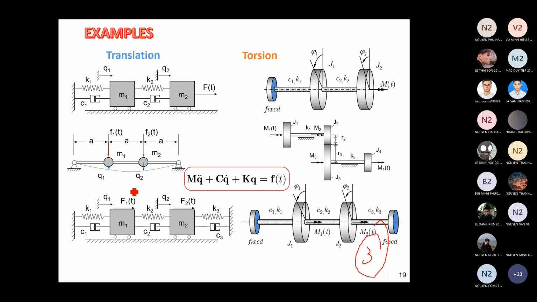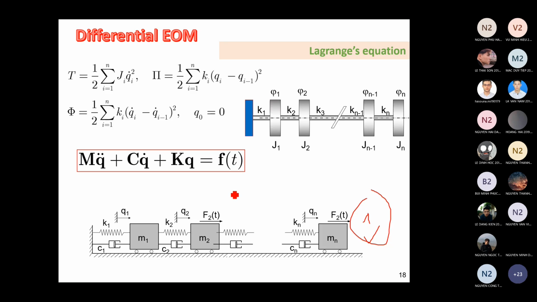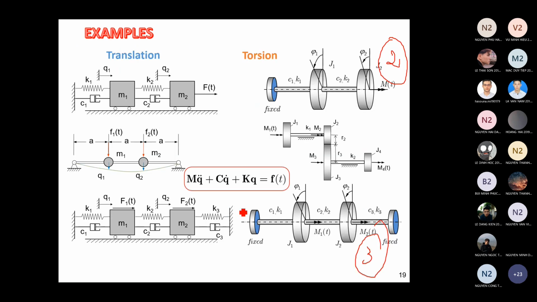But your homework today is that please give me the matrix form of the equation of motion of the three examples. The first one is this, and this is the second and also the third one. And then after that, you can apply it into the multi-degrees of freedom system. With whatever system, you can understand everything.